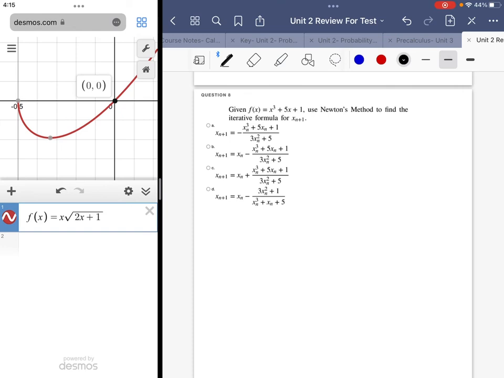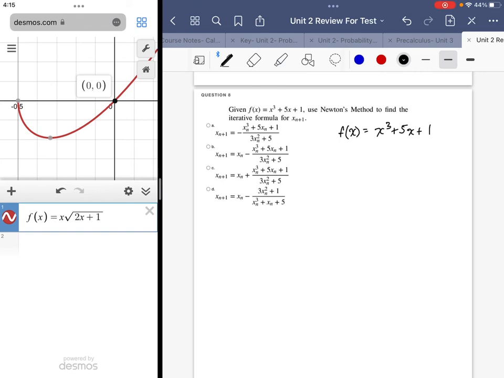So starting off with f of x equals x cubed plus 5x plus 1, I'm going to find the derivative of that. And it's fairly simple. In this case, it's just simple power rule.